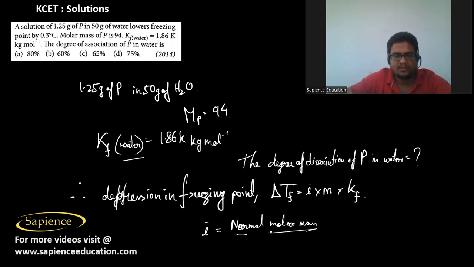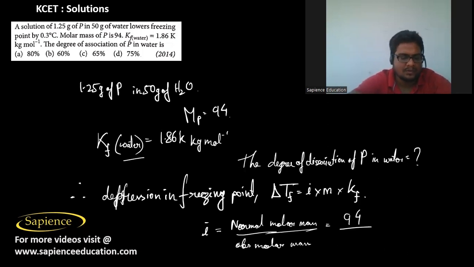So the normal molar mass is 94 and the observed molar mass that we have to find. Now phosphorus.